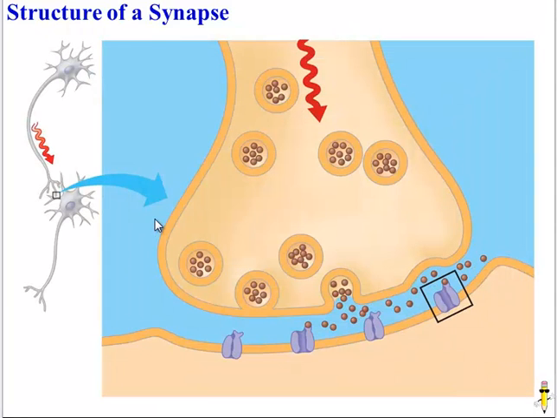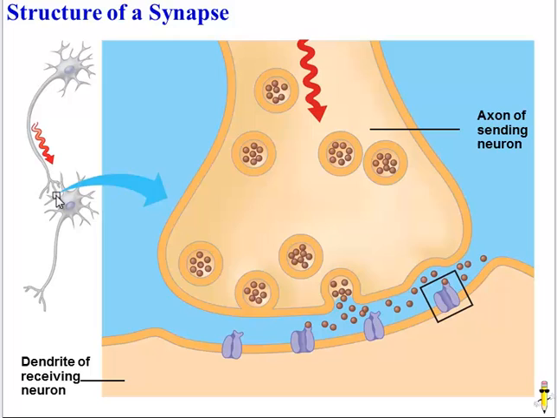The structure of a synapse is something like this. Now keep in mind that we are zooming in on 2 different neurons connected, almost connected, at a synapse. So this is showing us the end of the axon of the neuron that's sending the signal, and it's showing us the start of the dendrite that's receiving the signal.